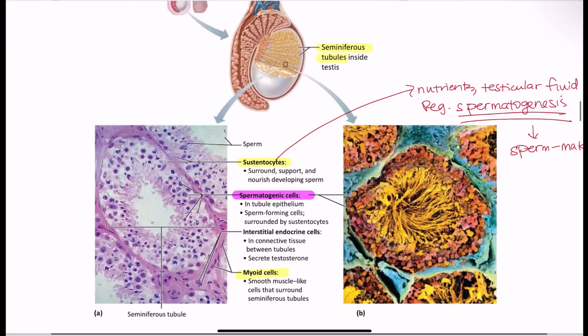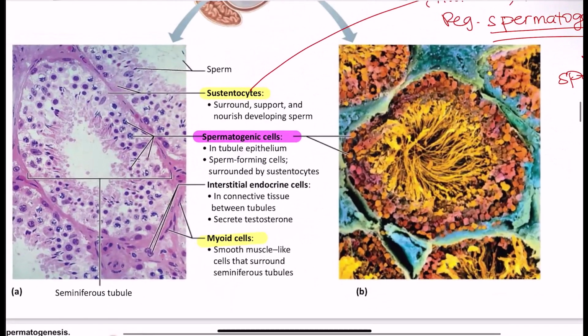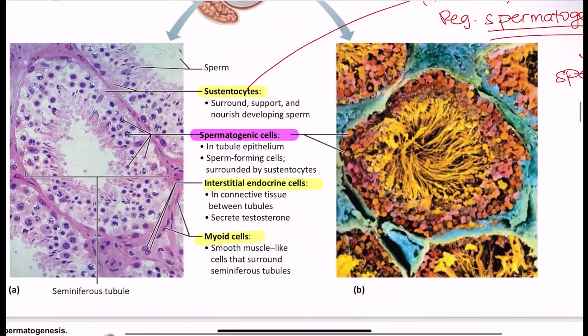Lastly are interstitial endocrine cells. Interstitial means between the spaces, so they kind of live in between this wall and that wall. Those interstitial endocrine cells are also called Leydig cells.